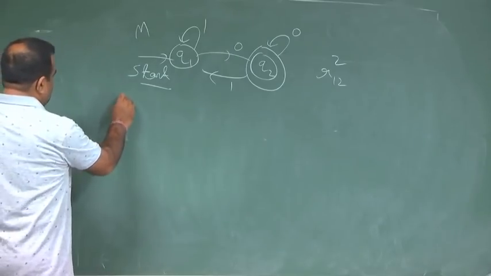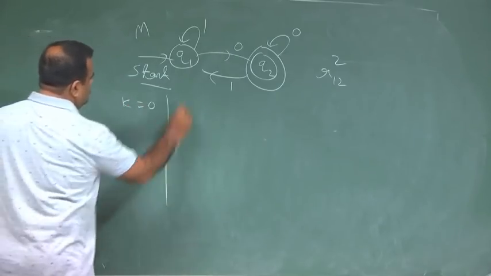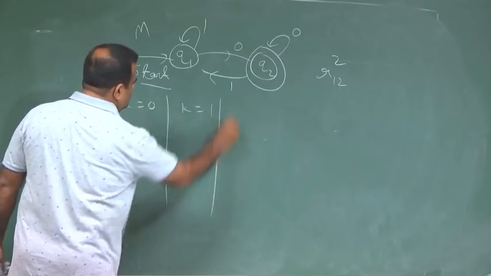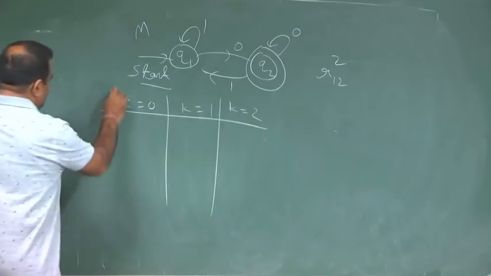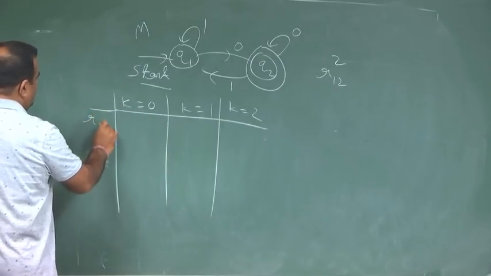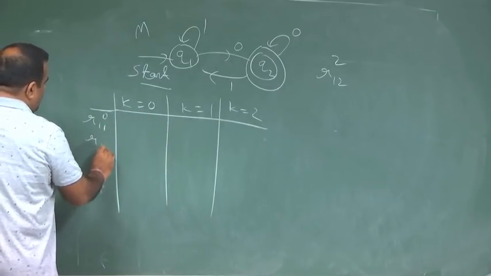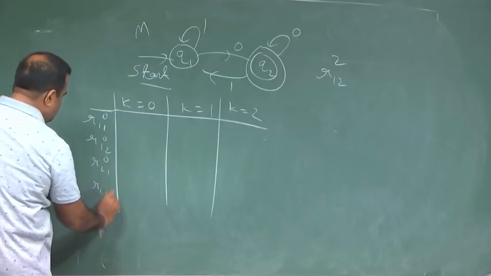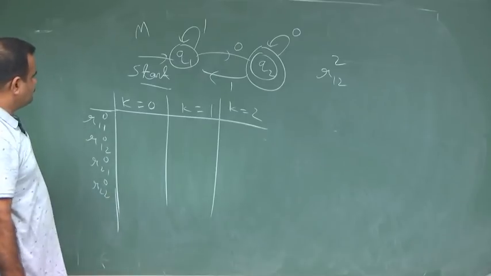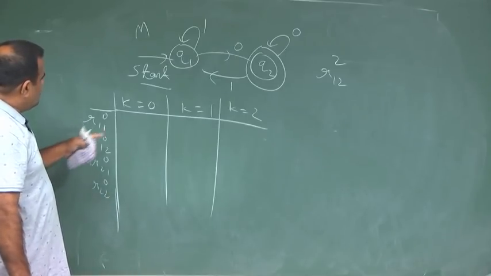So, this is our k equal to 0, k equal to 1, k equal to 2. K equal to 2 is the final one, and this is R 1 1 0, R 1 2 0, R 2 1 0, R 2 2 0. Now, what is R 1 1 0?